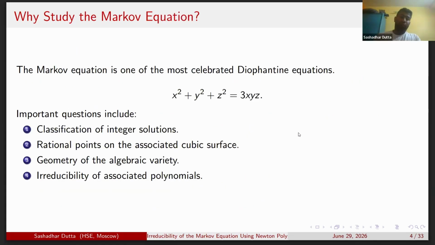Now we need to discuss why we need to study the Markov equation. It is one of the most interesting, and you can say unsolved, problems. Right now this is the age of AI and interesting tools.